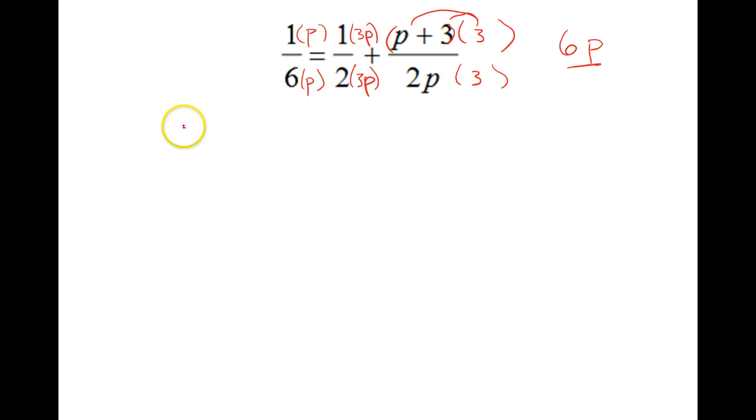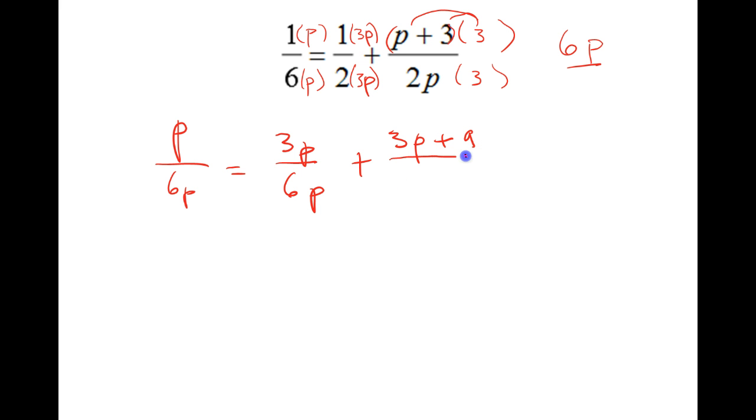So now if I rewrite my function, we'll have 1p over 6p equals 3p over 6p plus, now distributing that 3, I will have 3p plus 9 all over 6p.